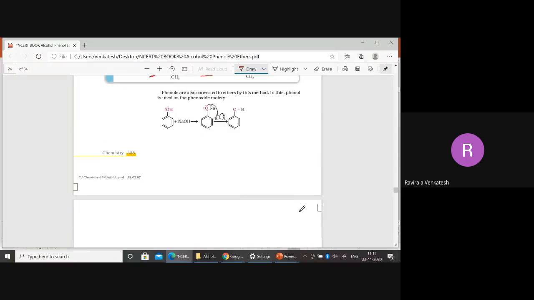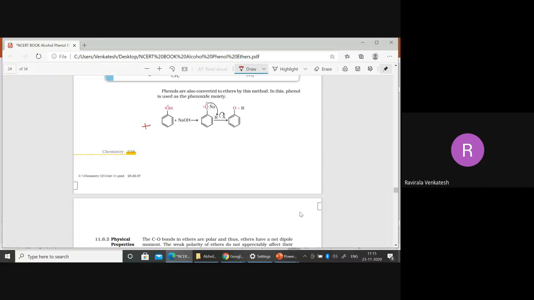Okay. Right. Now this one, I think we have just started this one. I will explain this one. Whenever phenol reacts with sodium hydroxide, what are we going to get? When phenol is reacting with sodium hydroxide, a neutralization reaction takes place. Now what happens here? H plus and OH minus will be removed.